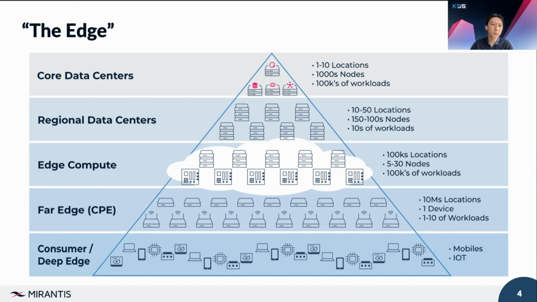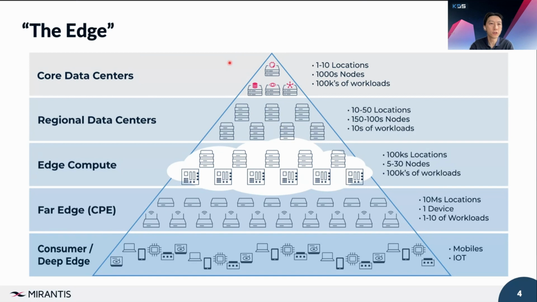So right now the edge is actually more powerful than before, but let's still put some definitions onto the edge so we know roughly what we're talking about when we talk about the different layers. I'll use the word layers for the edge, starting off with our core data centers.